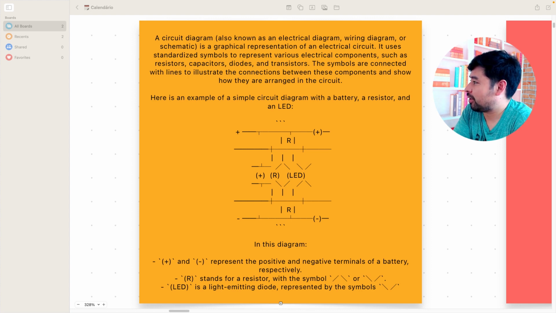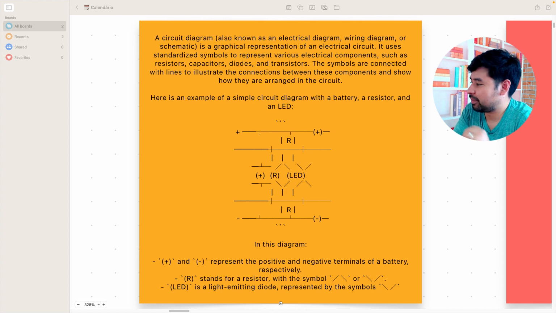It uses standard symbols to represent various electrical components, such as resistors, capacitors, diodes, and transistors. The symbols are connected with lines to illustrate the connections between these components and show how they are arranged in the circuit. And here's an example of a simple circuit diagram with a battery, a resistor, and an LED.